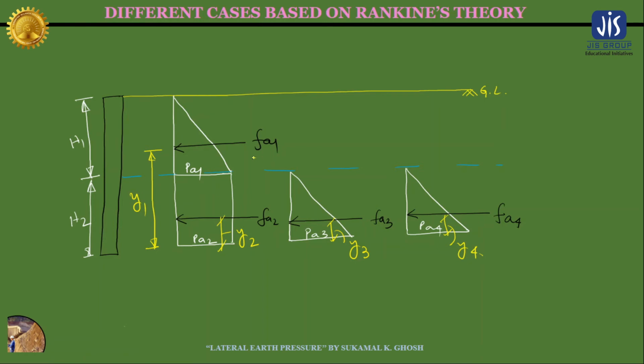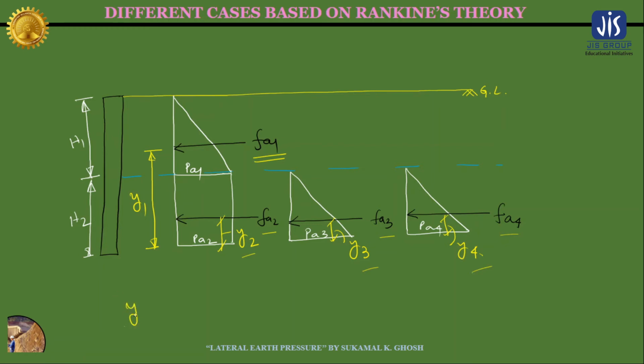So the active earth pressure force FA1 is acting at a depth of y1 from the base, and the active earth pressure forces, that is FA2, FA3 and FA4, are acting at a depth of y2, y3 and y4 from the base respectively, okay.